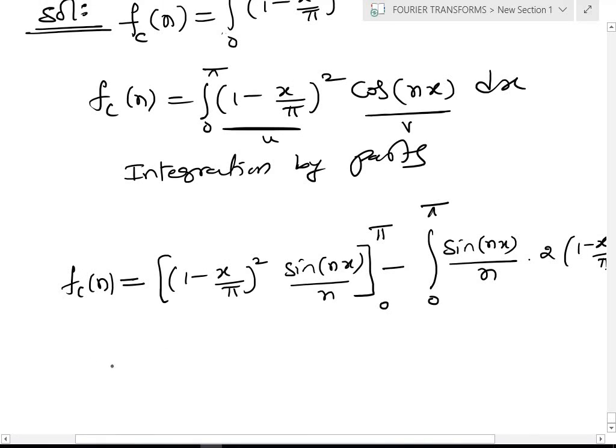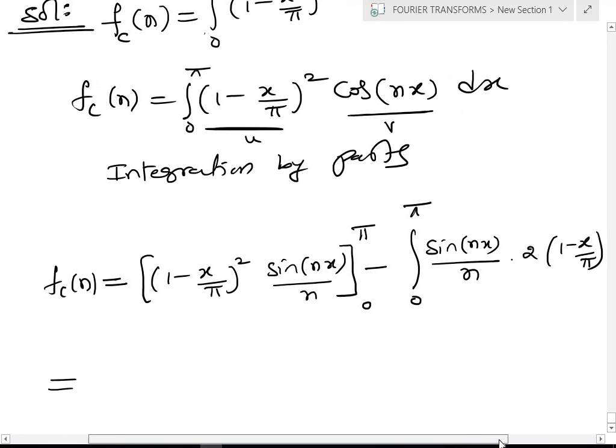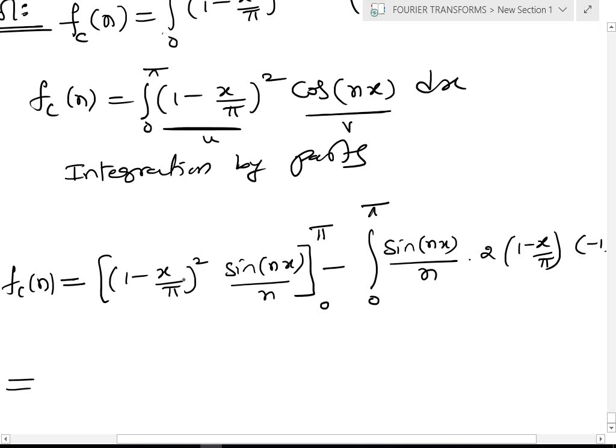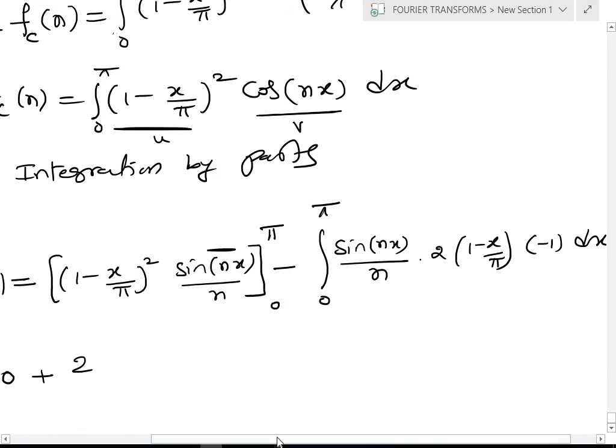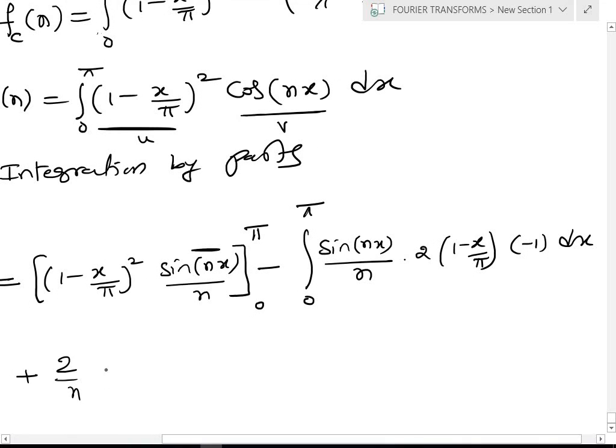So this will be equal to, when I substitute the upper limit, it will be 0. When I substitute the lower limit, this will be 0. Sin 0 is 0, and sin n pi is also 0. This entire term will become 0. Then come here. Minus minus will be plus. Then 2 came outside, and 1 by n also came outside. Then what is remaining is the integral from 0 to pi of sine of nx into 1 minus x by pi dx.